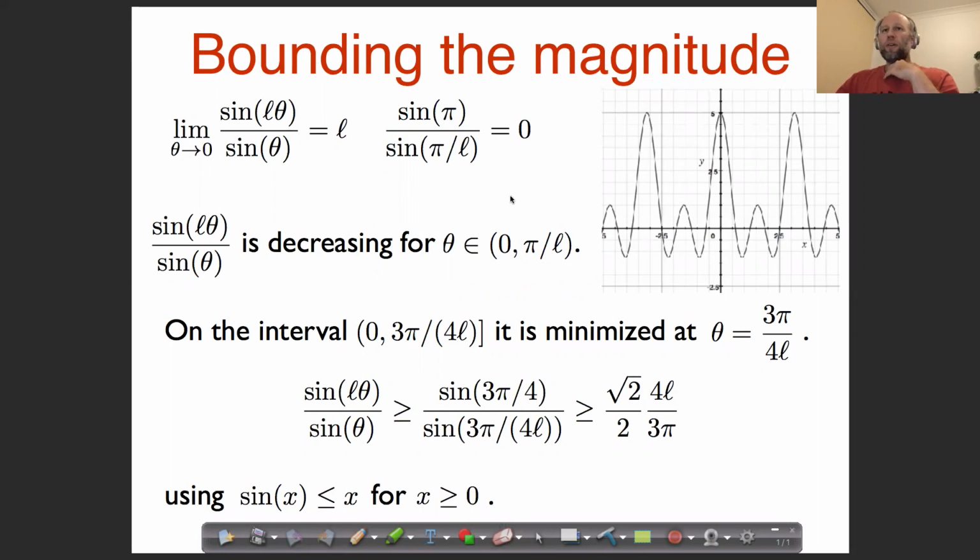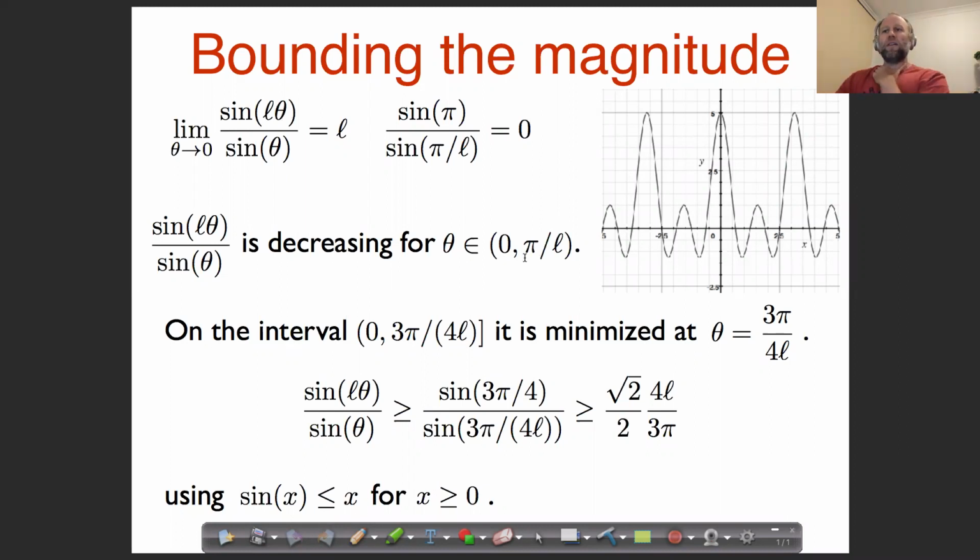The point here is that this ratio of sines, as theta goes to 0, by L'Hopital's rule, you can see is L. But when theta is pi over L, then the numerator will just be 0, right? So that becomes 0. So we have something which is large at 0. At 0, it's L. At pi over L, it's 0, and it's a decreasing function on that interval.